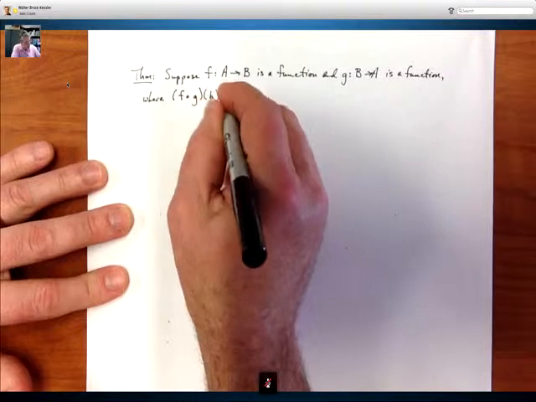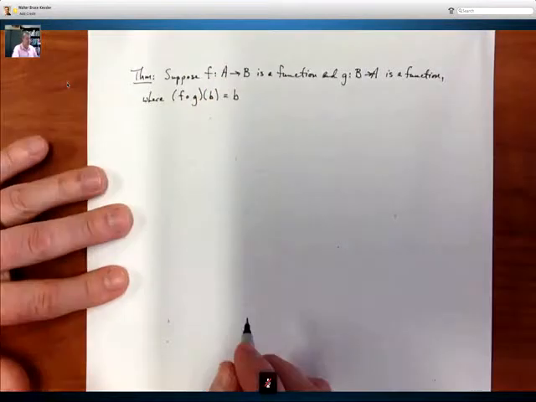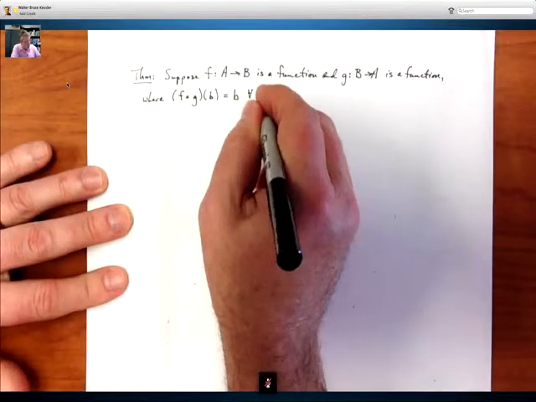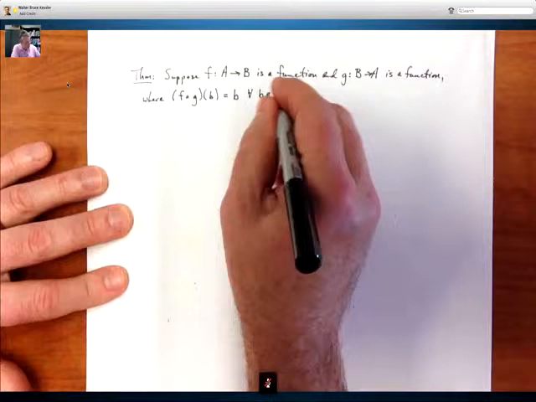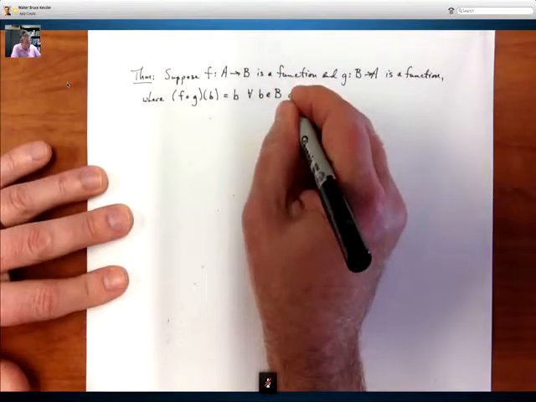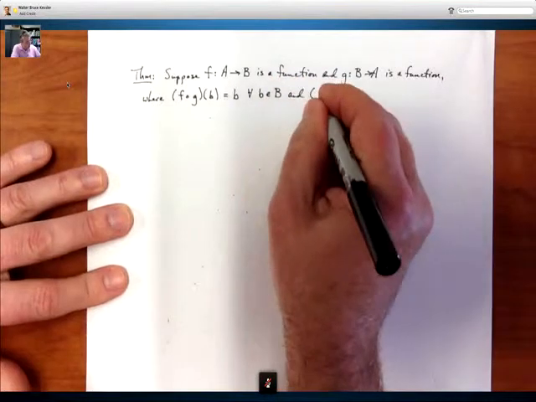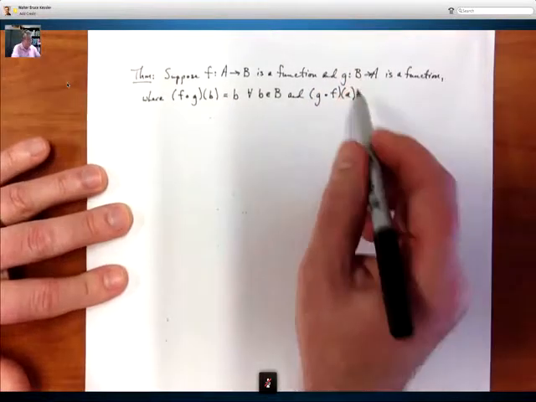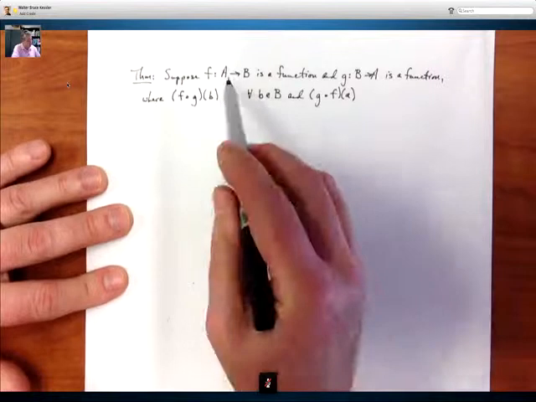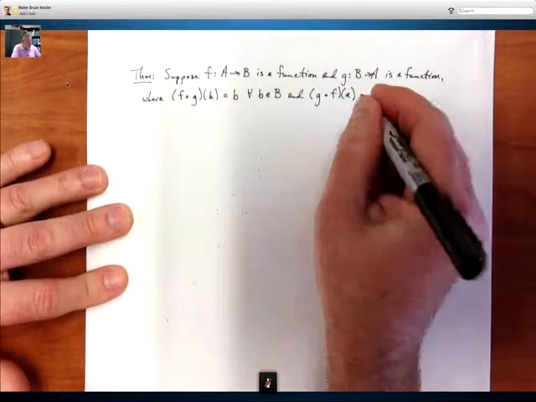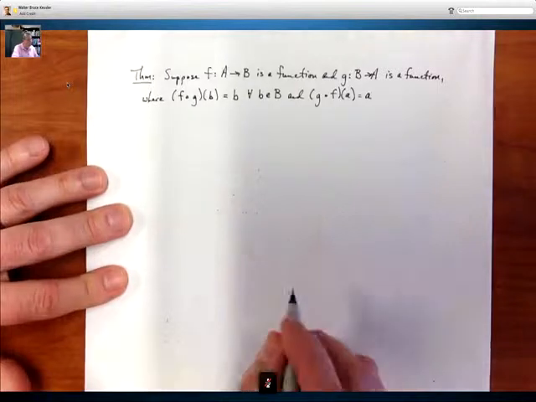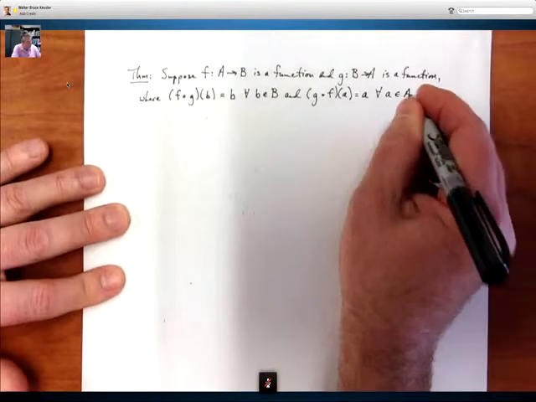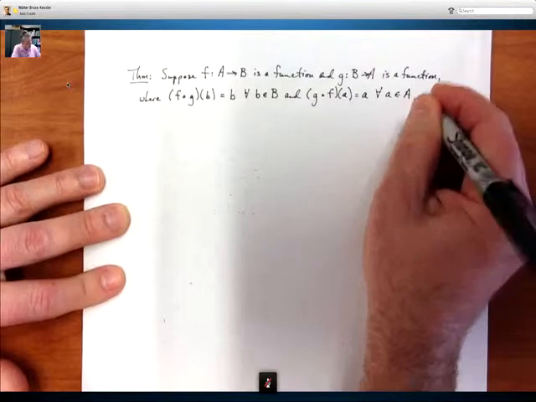So it takes something in B and gives me that back, for all b in the set B. And if I look at it the other way, g of f, it starts in A, goes to B, comes back to A, and gives me the same element for all a in the set A.